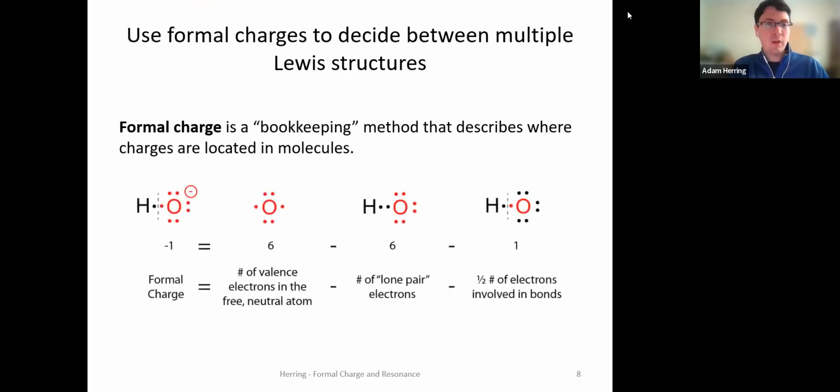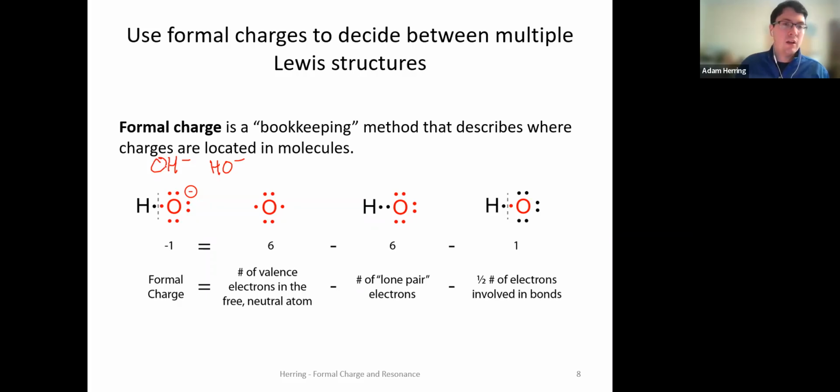So for example, on the left, we have the hydroxide ion, OH minus. Sometimes you'll see that written as HO minus. Either way, it's the same molecule or the same ion.